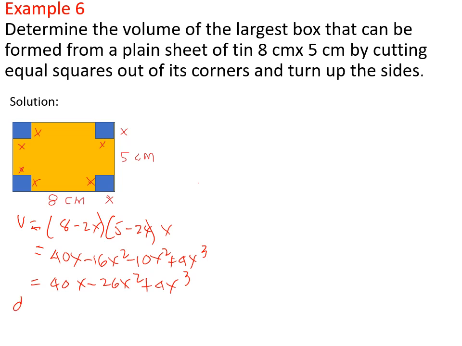Then dV over dx equals 12x squared minus 52x plus 40.